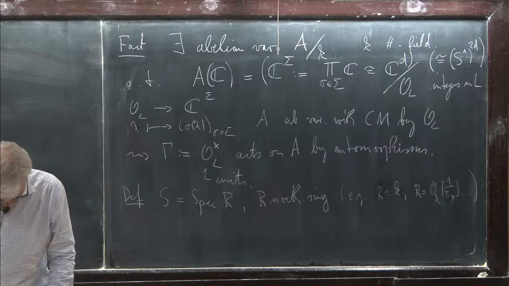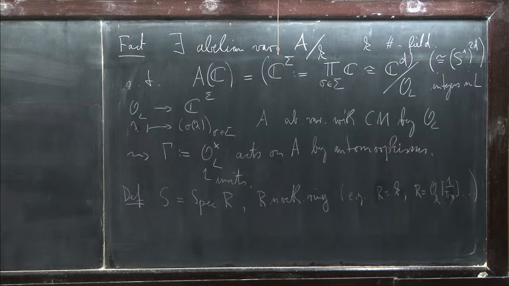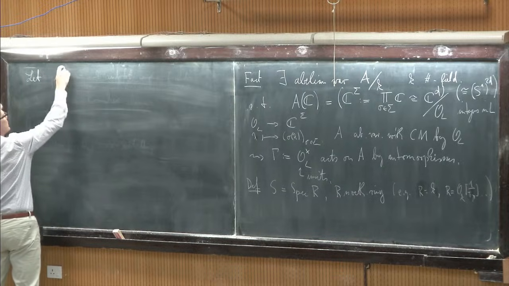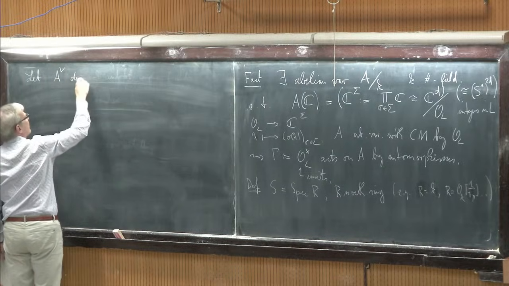That's clear. Okay, so we consider now the dual abelian variety, which I denote like this.